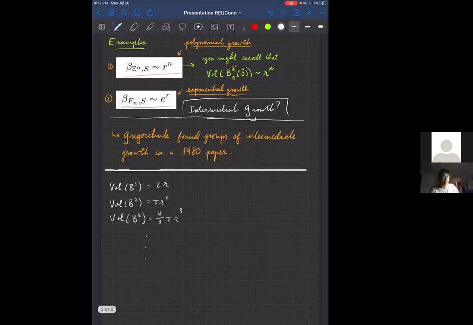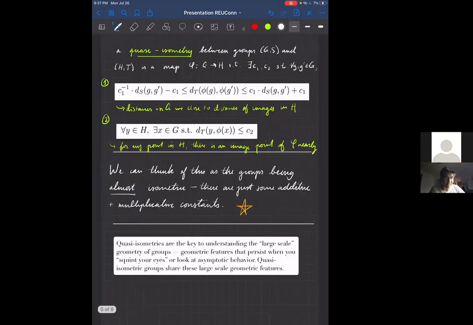All right. So I talked a lot about quasi-isometries, but I didn't say what they are. So now I'll say what they are. A quasi-isometry is a map from a metric space G to a metric space H. In this case, we're still thinking of our groups G and H as metric spaces with the word metric.